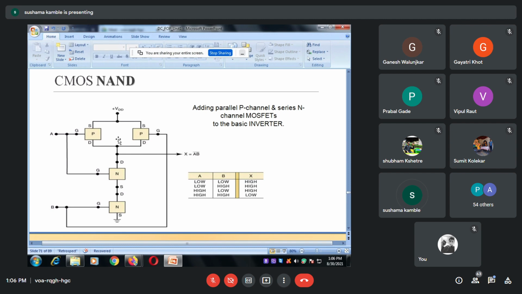I know we have to apply some input, but regarding either high input or low input, you can see the arrangement.